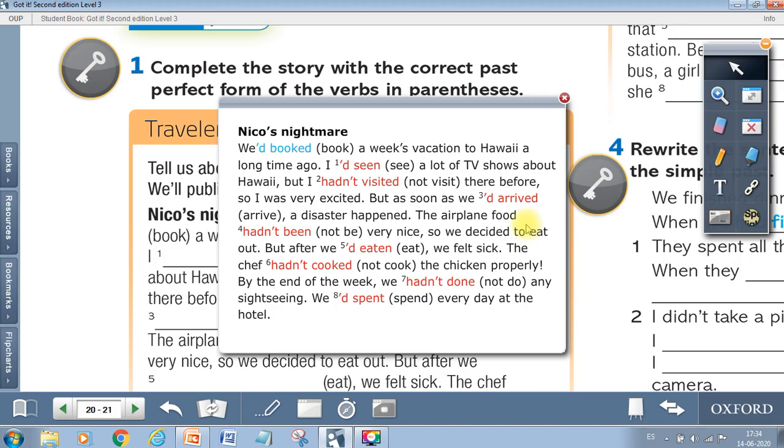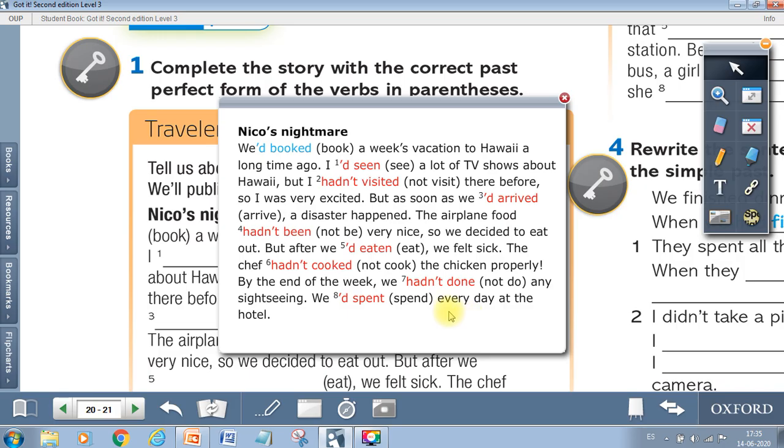The airplane food hadn't been very nice, so we decided to eat out. But after we had eaten, we felt sick. The chef hadn't cooked the chicken properly. By the end of the week, we hadn't done any sightseeing. We had spent every day at the hotel.